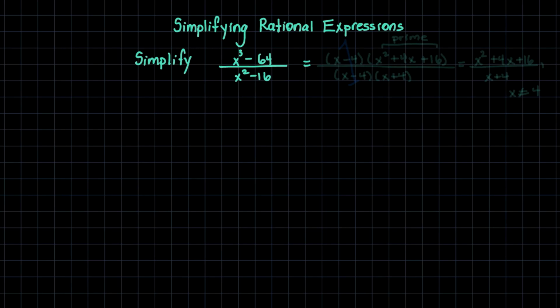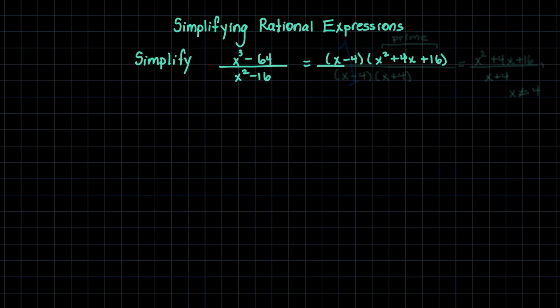You need to know your perfect squares because you need to be able to recognize them. X cubed is a perfect cube. 64 is a perfect cube. We're subtracting, so we have a difference of two cubes. They are going to factor to (x minus 4)(x squared plus 4x plus 16).